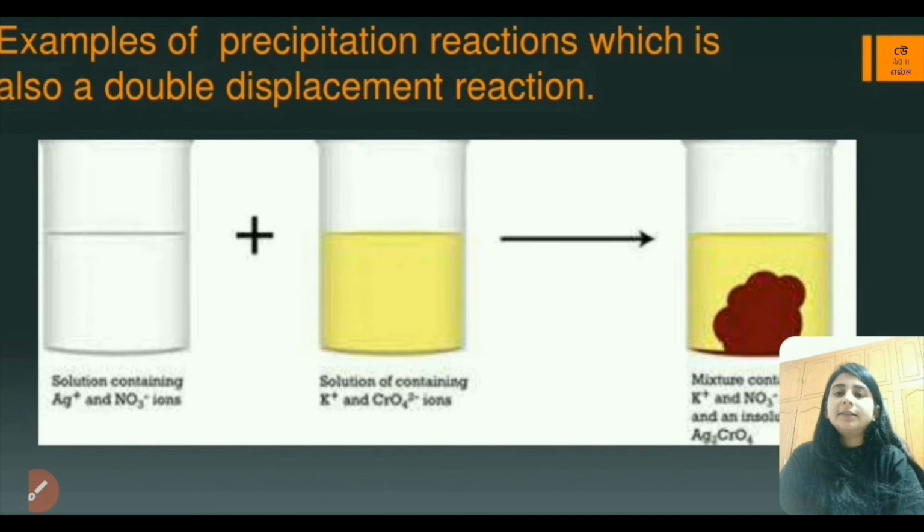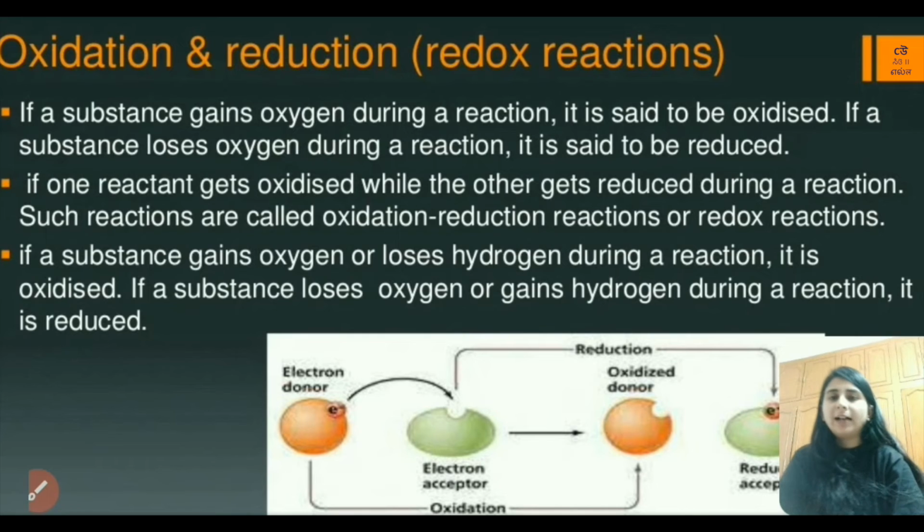Then the other solution contains sodium and chromate ions. So on the product side, we'll be getting a mixture of it, where depending upon which one is more reactive and which one is less reactive, we'll get new products on the other side of the reaction.